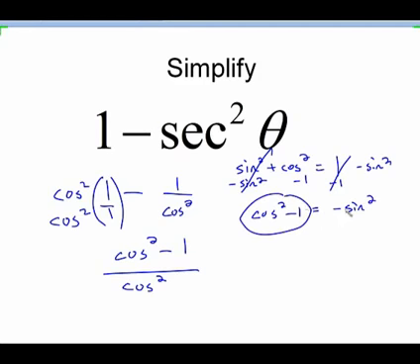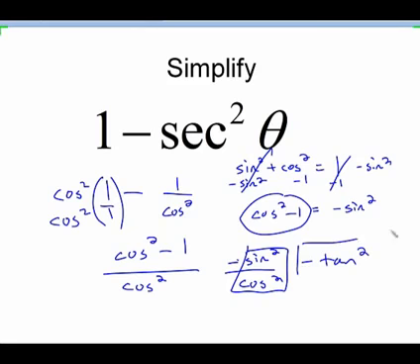So you can substitute that as negative sine squared over cosine squared. And then sine squared over cosine squared, we know that's tangent squared. And you have the negative right here. Okay? So I'm just showing the work for this right here. Initially, when I gave you the Pythagorean identities, I gave you this Pythagorean identity, and also all the four manipulated ones that you can get from algebra derivation, right?